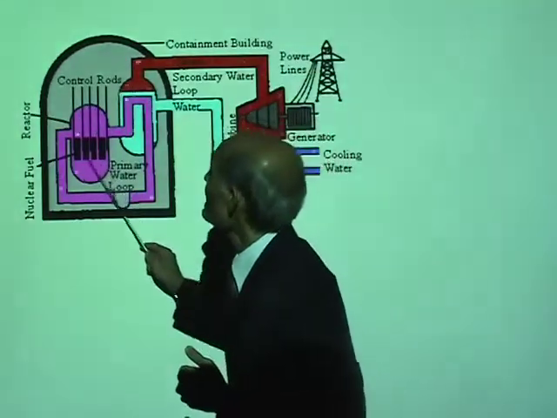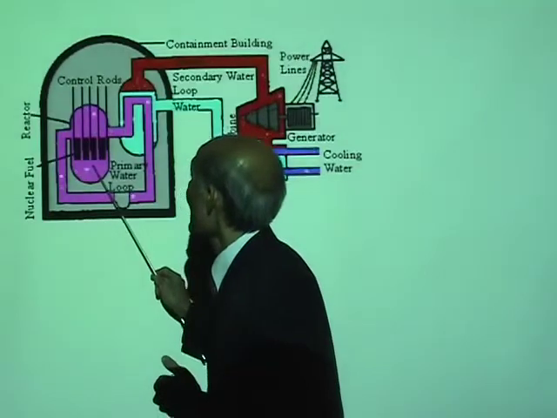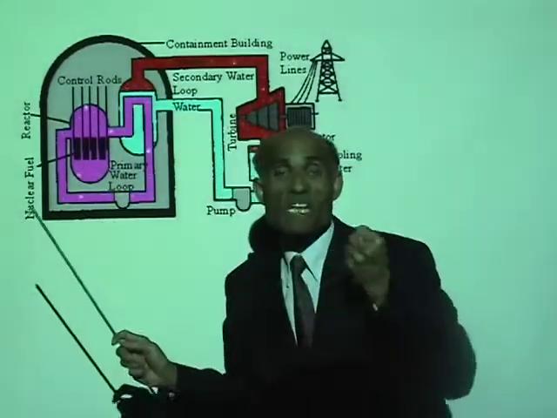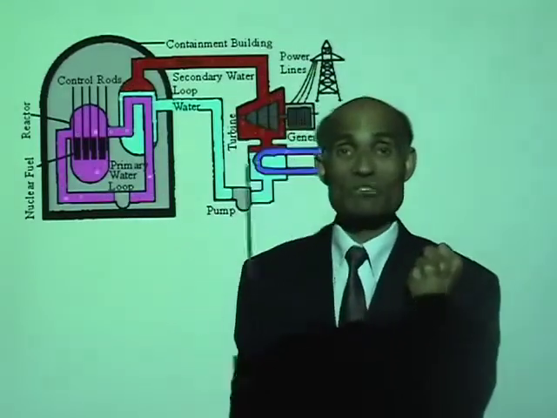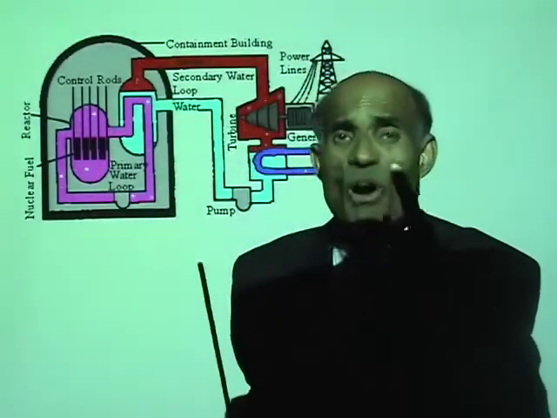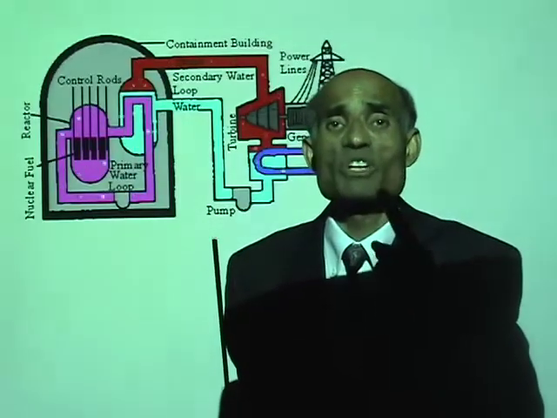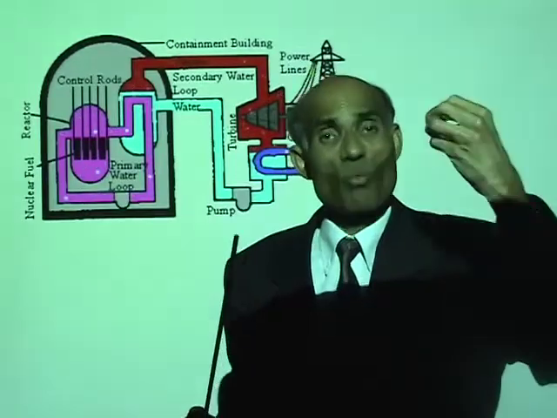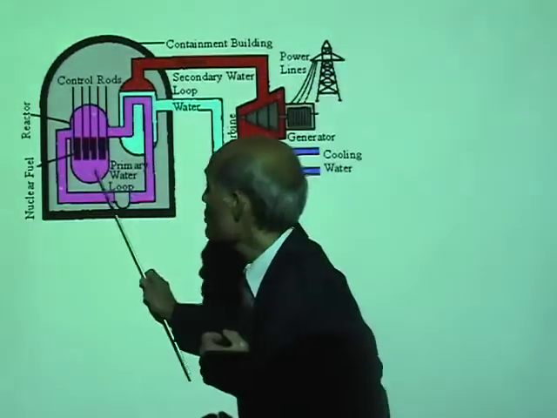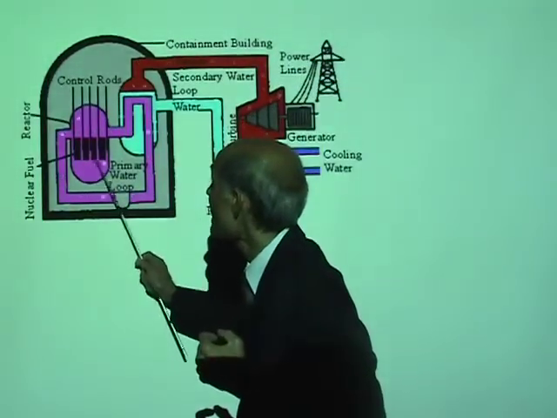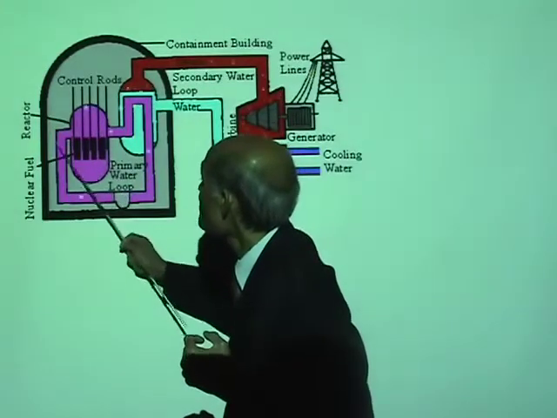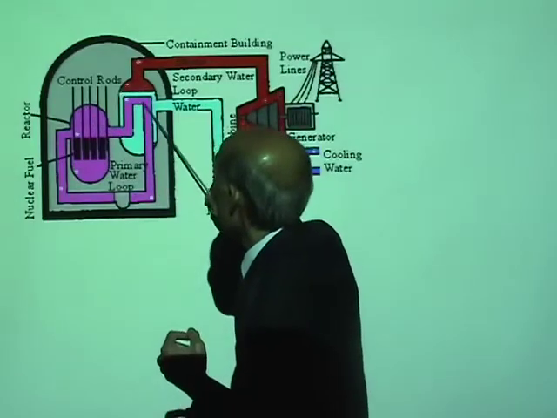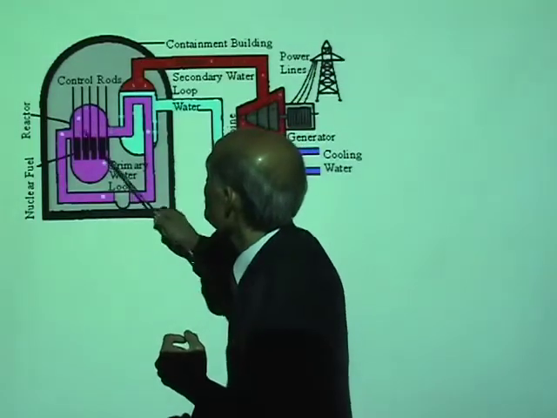Now, when the reaction starts, what happens is the energy produced in each fission. Now, remember what I told you. 1 gram of uranium undergoing fission can boil billions of kilograms of water. So, when nuclear fission takes place here, the amount of heat produced is absorbed by this water that is circulating through this chamber.